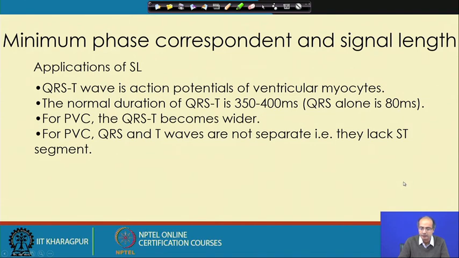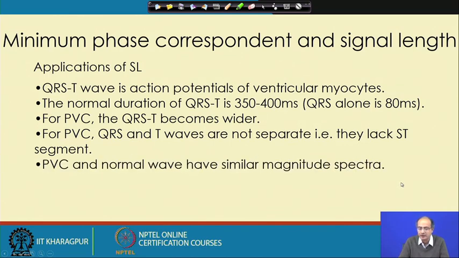So, that was that notion, and this has been used for many things, like the ECG signal in particular, starting from the P wave, and most of the energy is concentrated in the QRS complex. In the case of an ectopic beat or PVC, we know the QRS becomes wider and the ST segment gets elevated.